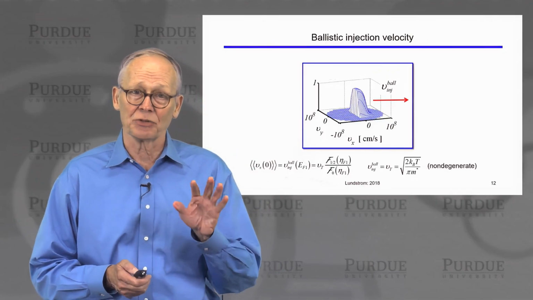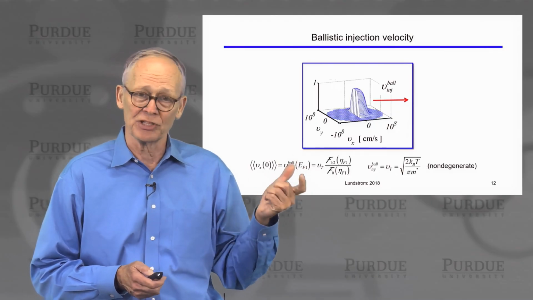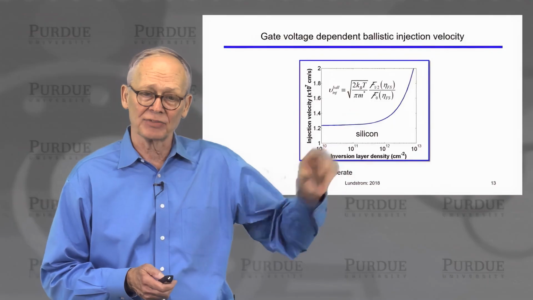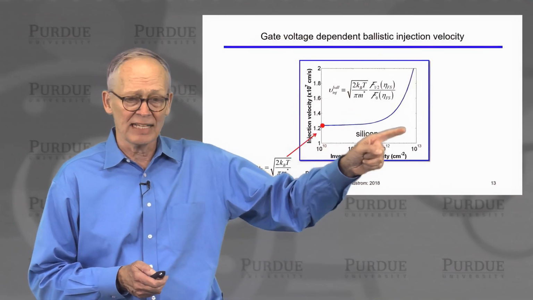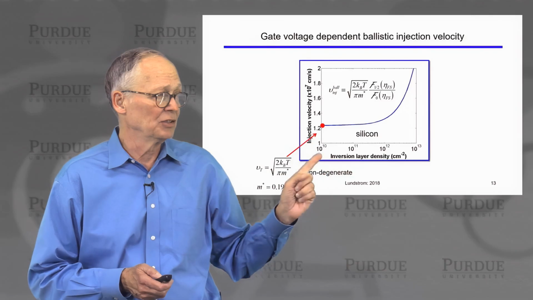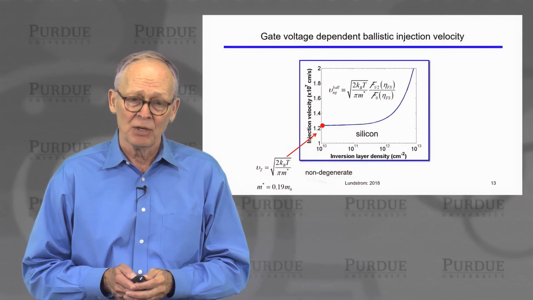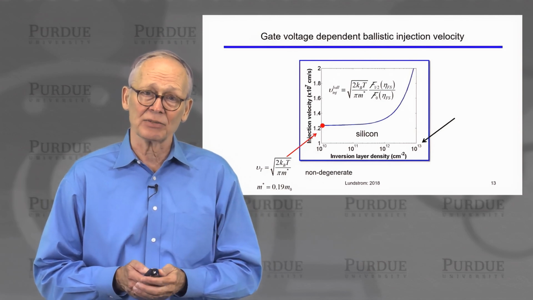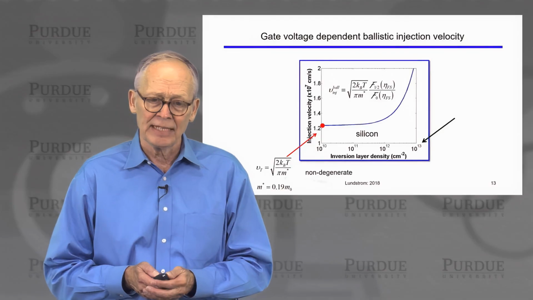The unidirectional thermal velocity is the non-degenerate limit of this more general ballistic injection velocity. If we do that calculation for silicon, the results will look something like this. In the non-degenerate limit, we get the unidirectional thermal velocity. That would basically be sub-threshold. Once we go above threshold, the velocity starts to increase as the influence of Fermi-Dirac statistics.